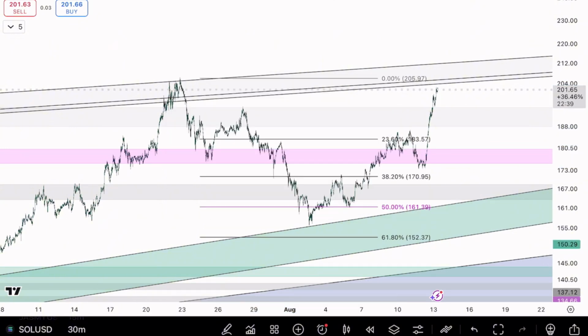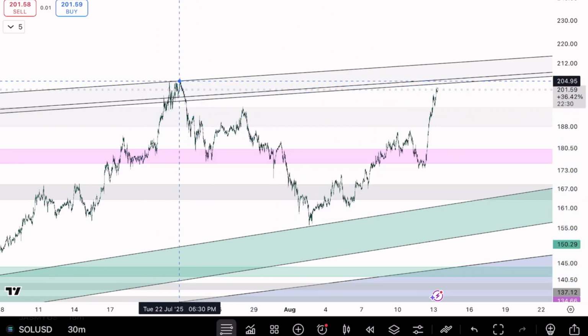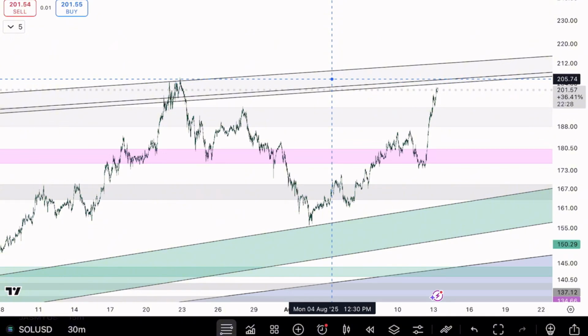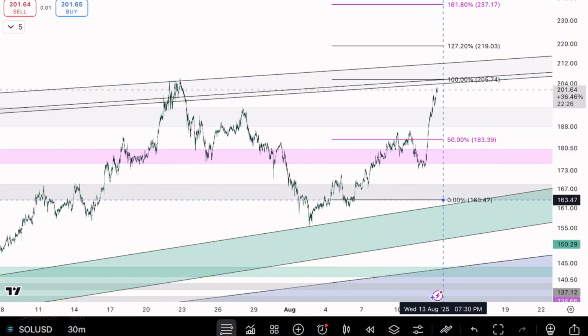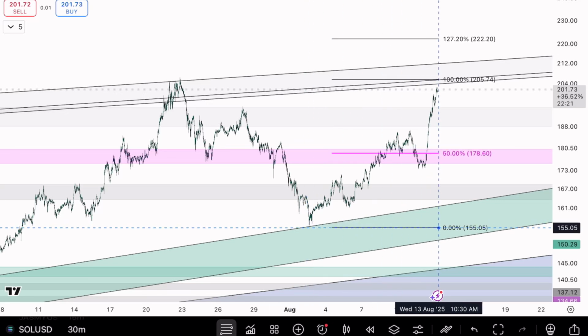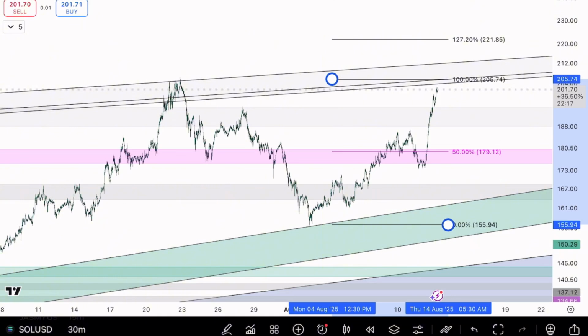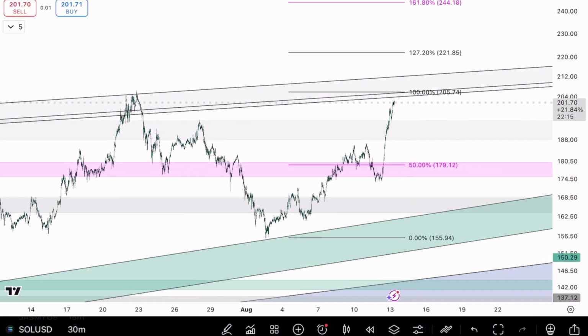All right, and I need to update my fib. So it's going to be from this peak at 100% to this last bottom right here. And I will just have an alert.